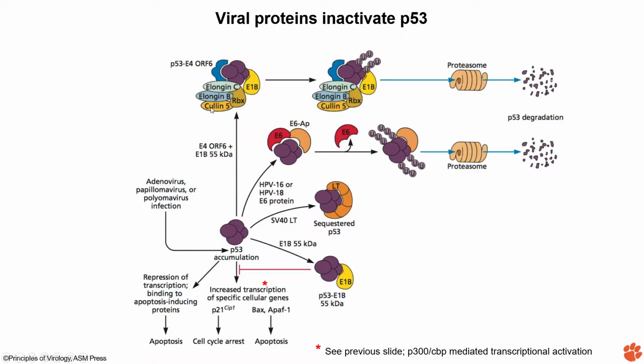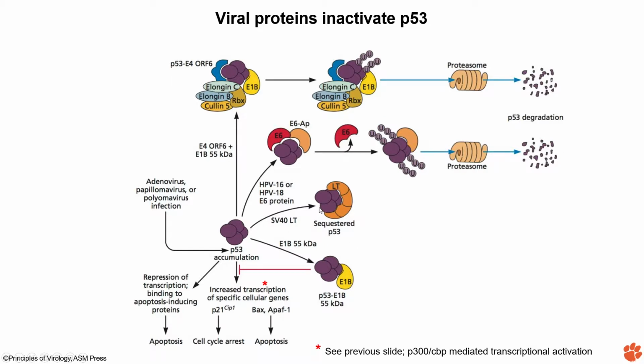So all of these together form a ubiquitin ligase. As soon as p53 is tagged with ubiquitin, it is destined for the proteasome for degradation. So there is no control of the checkpoint arrest or no apoptosis. On the other hand, you can see that this is E6, which is HPV16 or HPV18 E6 protein. The same way, it recruits ubiquitin and degrades p53.